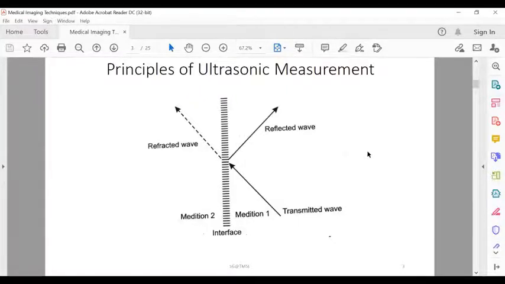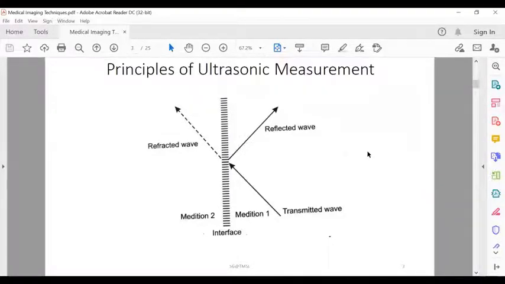So, principles of ultrasonic measurement. Ultrasound is sonic energy at frequencies above the audible range, that is greater than 20 kilohertz, as all of you know. Ultrasound basically exists as a sequence of alternate compressions and rarefactions of a suitable medium, that is air, water, bone, or tissue, etc. It is propagated through the medium at some velocity, and it is also frequency and medium density dependent.